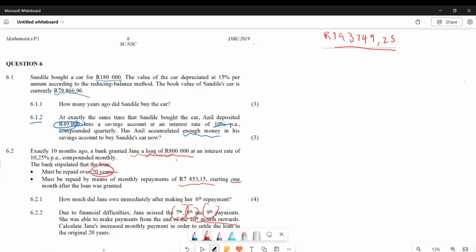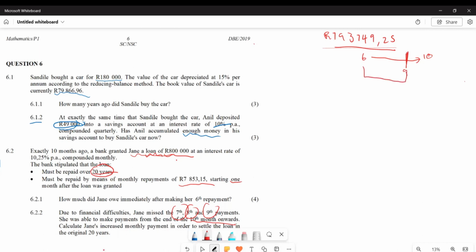Now, after the 10th period, she wanted to continue to pay back the loan, paying an extra amount so that she can cover up for the 3 months that she might have lost and still settle the loan in 20 years. So what is it that we are going to do? Now we can say, look, this was after 6 months. So after 6 months up until the 9th month, she had difficulties, right?